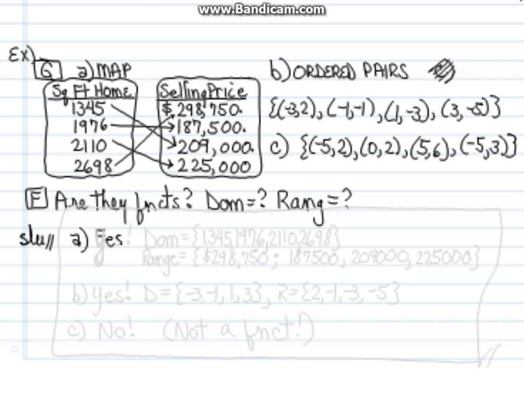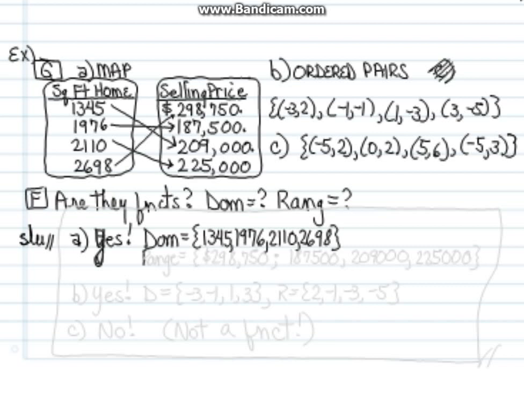Part A. Yes, this is a function. The domain is the set of all first values: 1,345, 1,976, 2,110, 2,698. Those are the square footages of each of the houses.